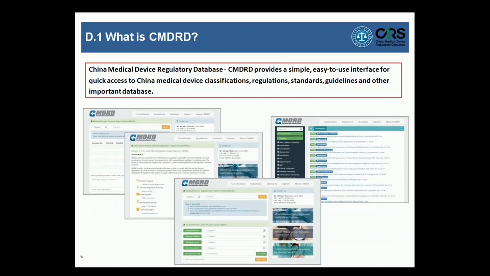It enables users to determine the regulatory obligations under CFDA regulations for their med devices, also for their in vitro diagnostic reagents, and get the solution to comply with them while using the CMDRD sub-databases. It offers quick access to China med device classifications, regulations, standards, guidelines, and other important databases.